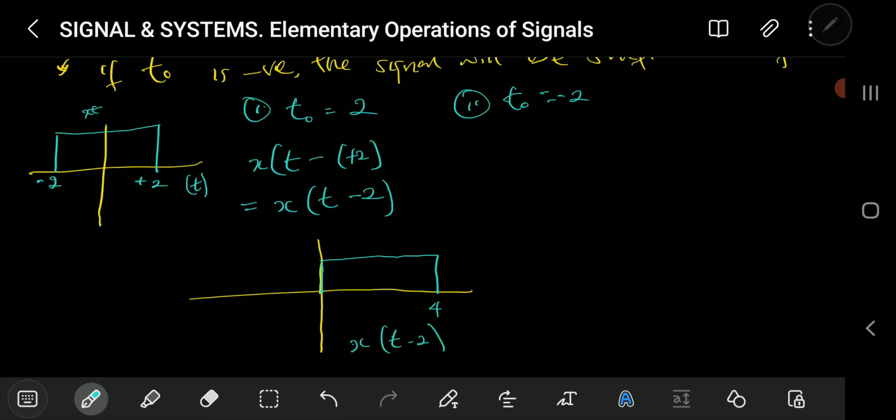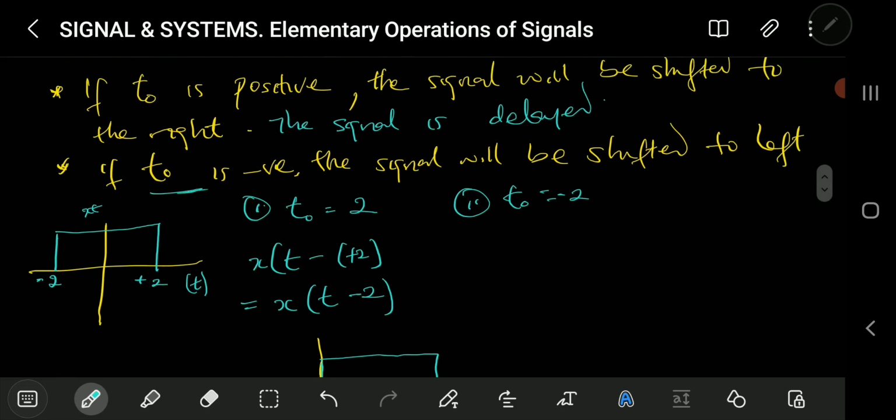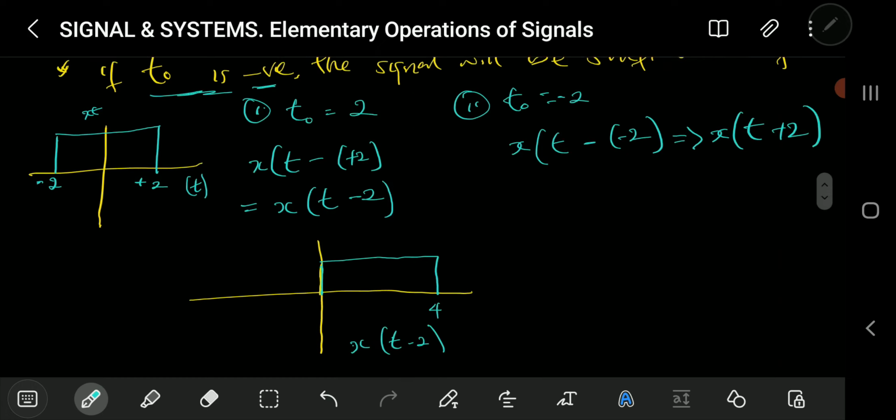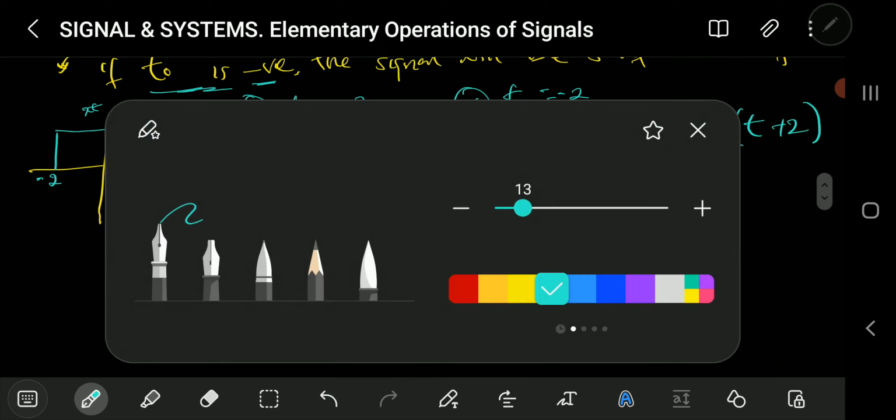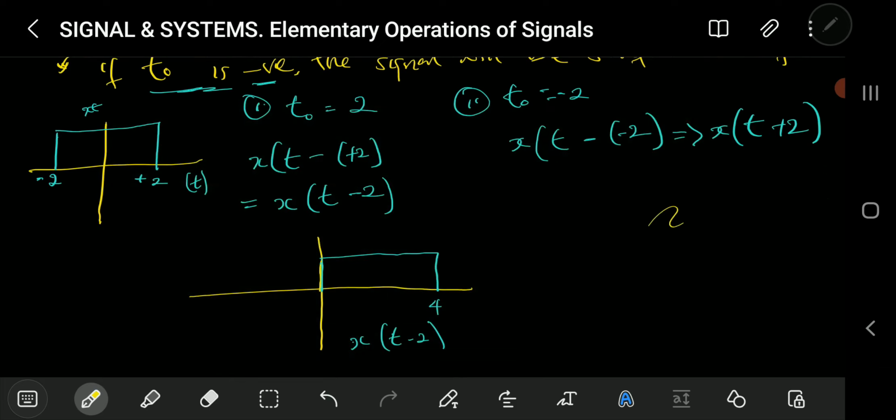Exactly. So now let's go to the second one. When our t naught is negative, the signal will be shifted to the left. Let's write out the initial signal. That means we are going to have x of t plus 2. If you are to draw this now, it's going to look like this.